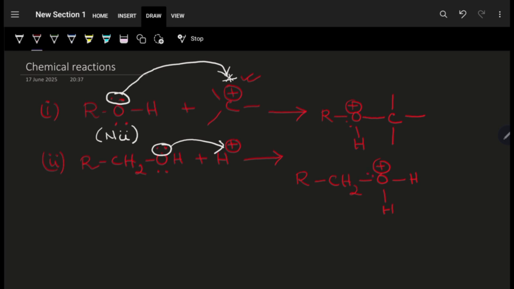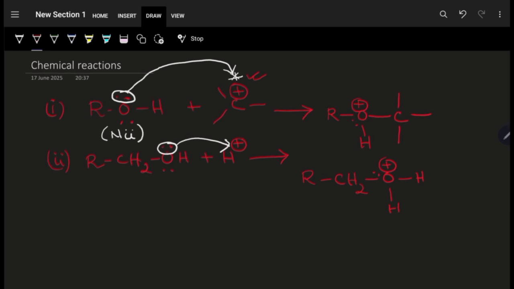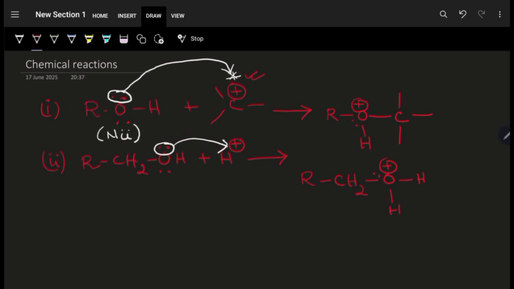Now don't you think that this electronegative oxygen atom will actually want to get rid of that positive charge? So if in the medium there is any nucleophile, say X minus is a nucleophile, Br minus I can consider over here.